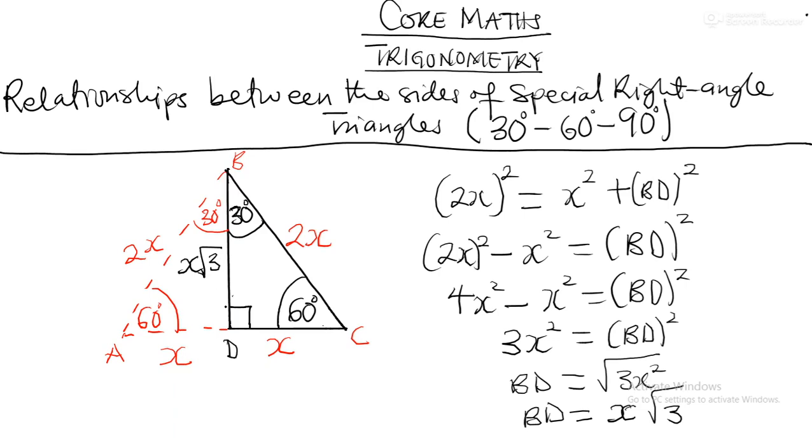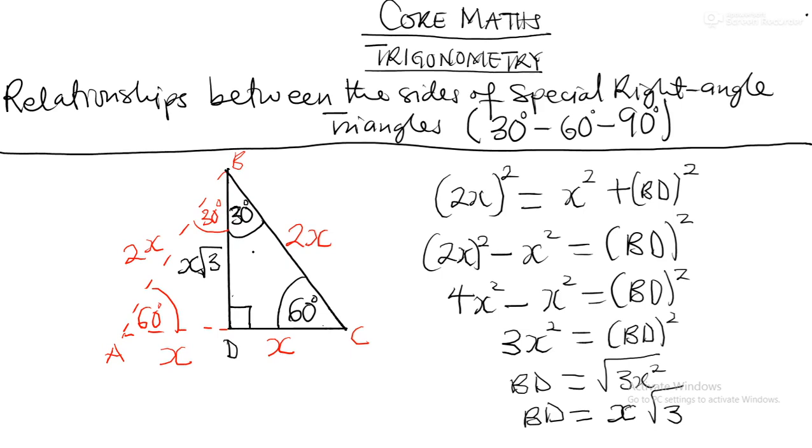Good. So now we have all the three sides of the 30, 60, 90 right angle triangle. If this is x, the hypotenuse will be twice what? Twice the x, so we have 2x. And then we've just seen that to get this adjacent, you have to multiply the shorter side also by what? By root 3.